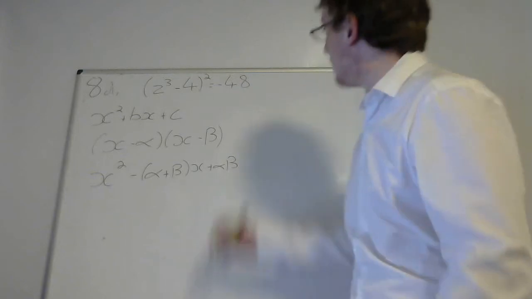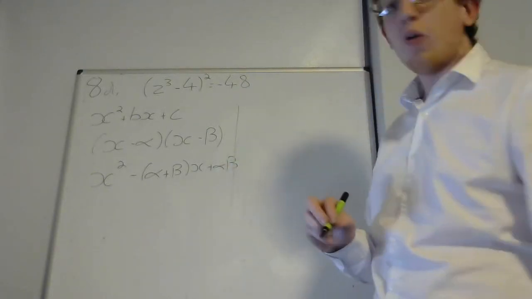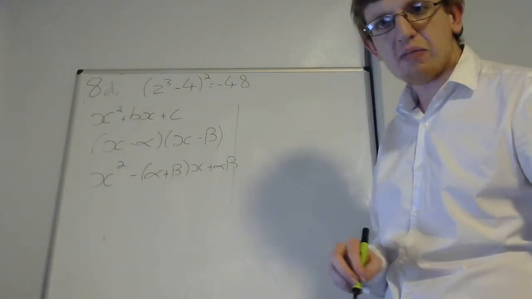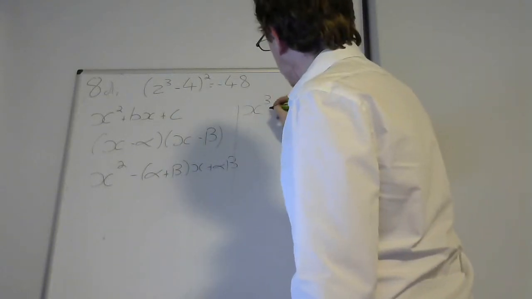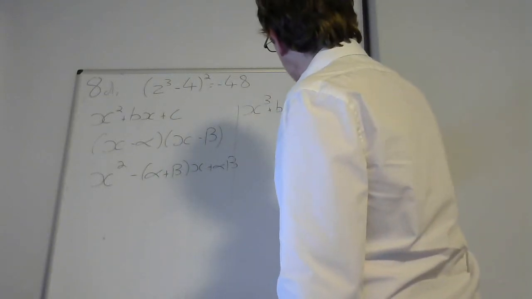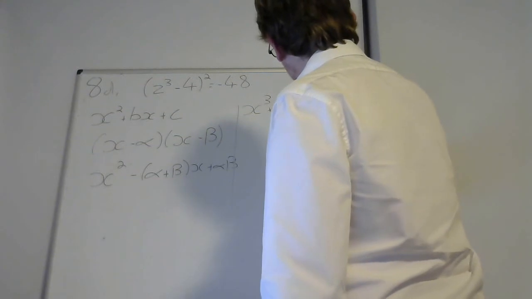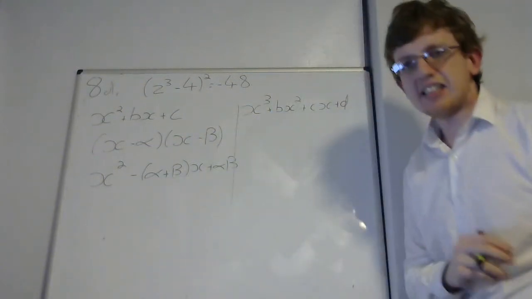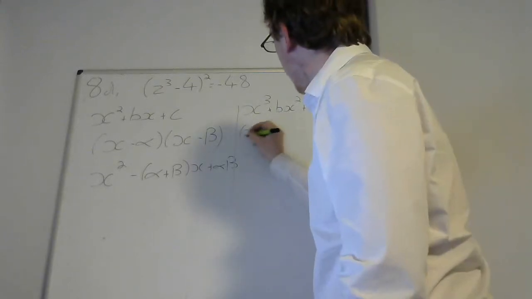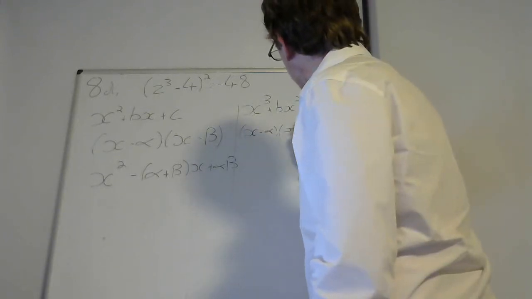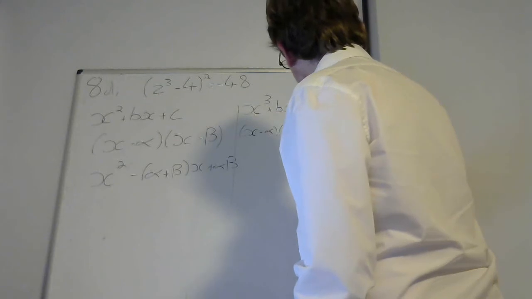Right. Let's see what the sum of roots is now for a cubic equation. I probably haven't left myself enough space, but let's see. So x cubed plus bx squared plus cx plus d. Let's say it has roots alpha, beta, gamma. So we could write that out as x minus alpha, x minus beta, and x minus gamma.